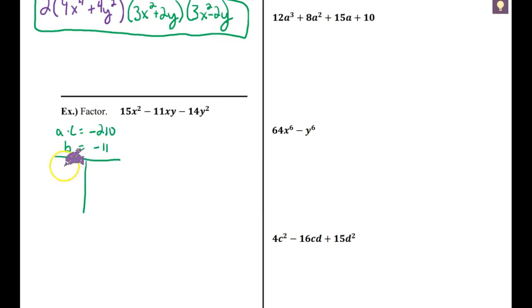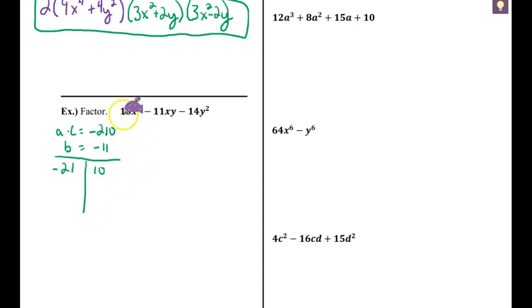Well, the most obvious one to me is this ends in a 0, so 21 and 10 would multiply to give us negative 210. Well, give us 210, and then we have to decide where the negative would go. If I put the negative with the 21, negative 21 plus 10 gives me the negative 11 that I need.